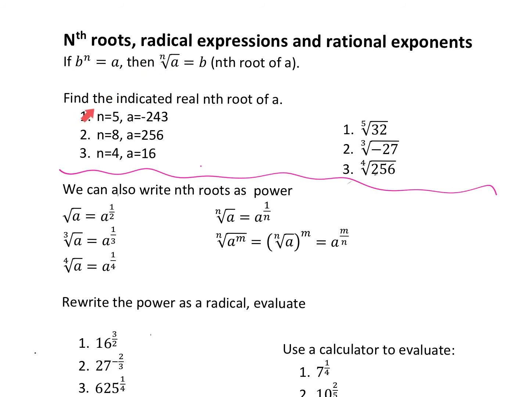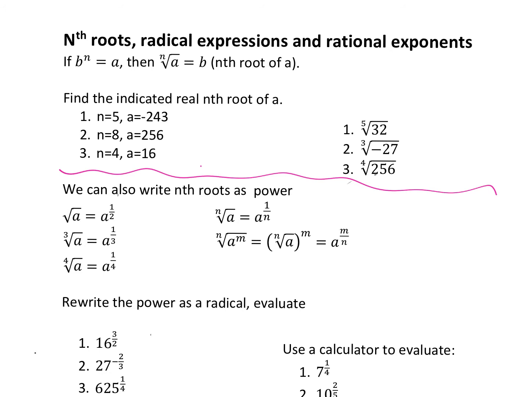So the first part of the homework says find the indicated real nth root of a. So it's asking for real roots, meaning we're not going to work with the number i at all. We're not using imaginary numbers, only real. So if I have an odd root of a negative, the answer is negative. But I can't do an even root of a negative because we're not using imaginary numbers. We're just working in the realm of real numbers this chapter.